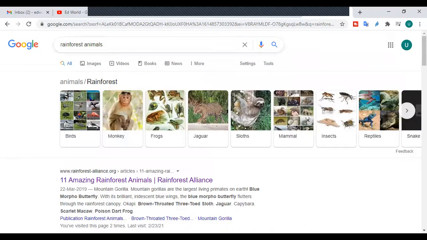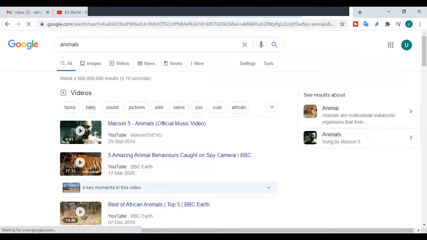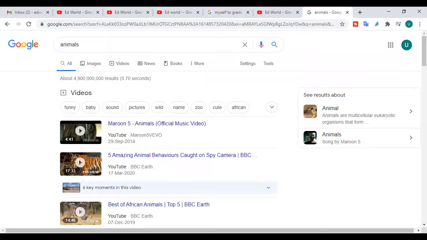Now let's say instead of writing rainforest animal, if I just write animals, it would tell me about anything which is related to animals. If there is any movie over there, it will show me that. If there is a document over there, it will show me that. If there are some pictures, anything which is related to this term.